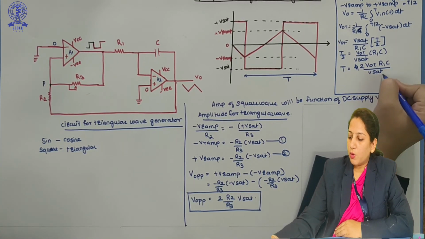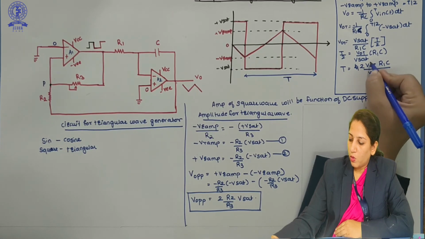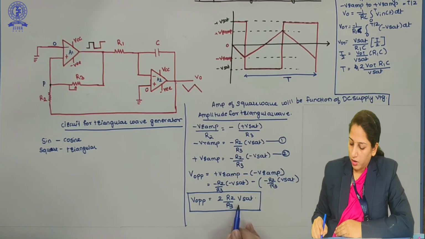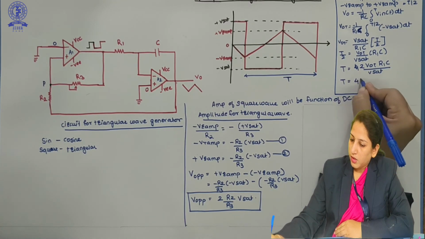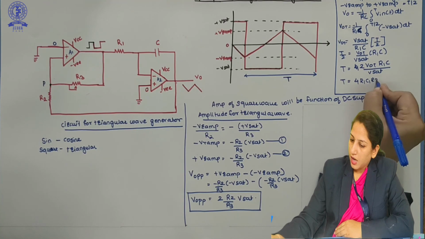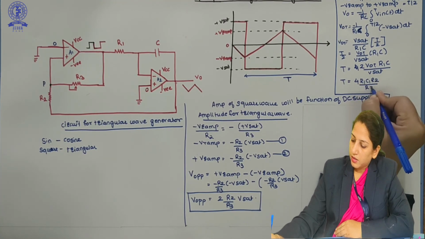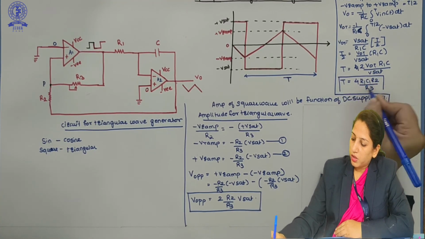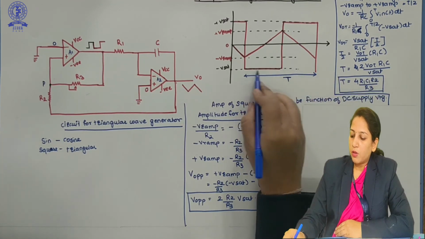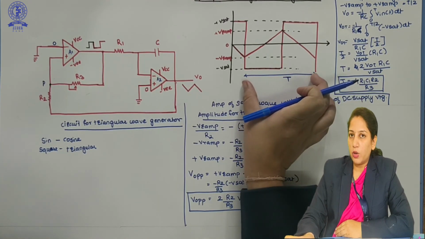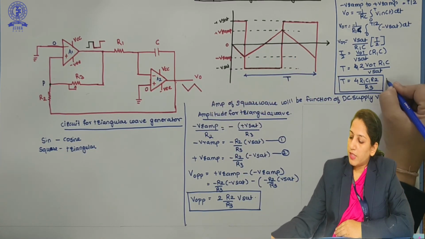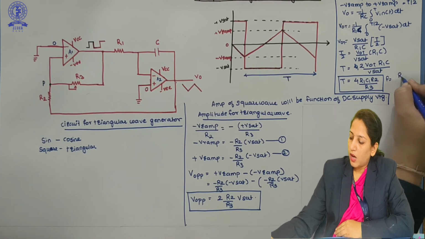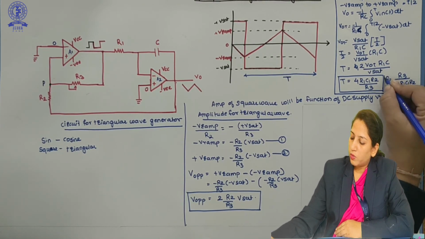Suppose I substitute the value of V out, the amplitude I have got here, into this equation. So my T will become 4 R1 C1 R2 upon R3. This is the total time period I have got. The total time period of this triangular wave, one crest and one trough, so my frequency will be the inverse of this, equal to R3 upon 4 R1 C1 R2.